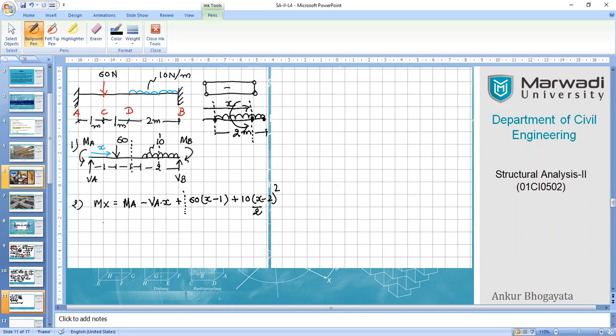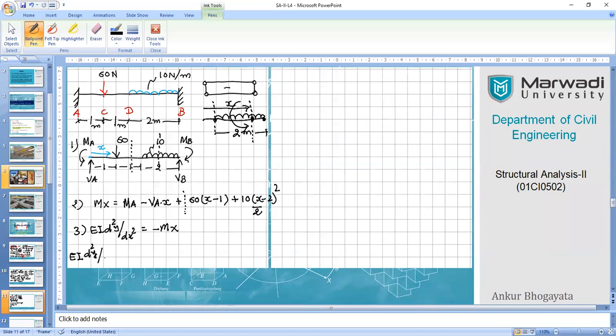Now we are going to use this for our typical slope deflection equation. So here EI d square y upon dx square equals minus Mx. So here our governing equation is going to take shape finally.